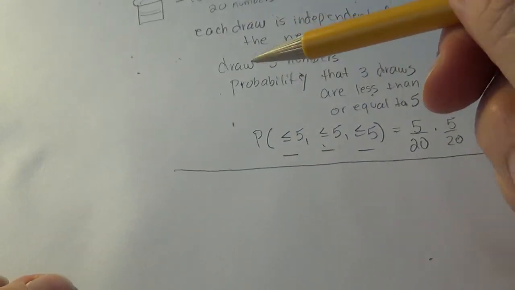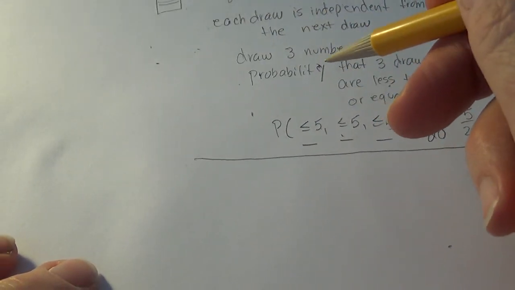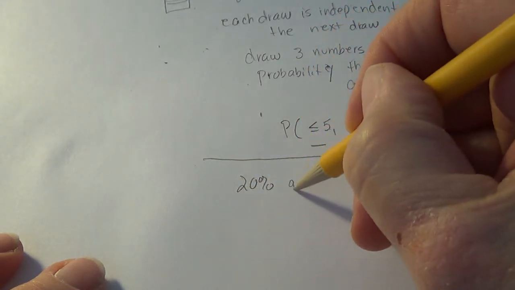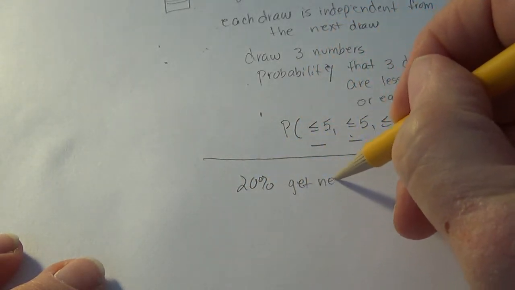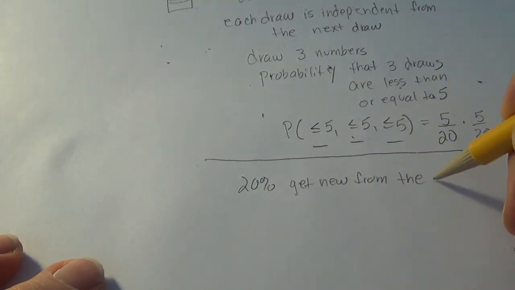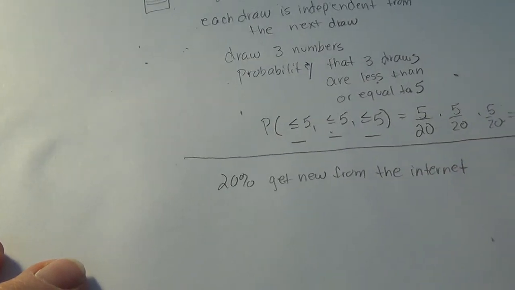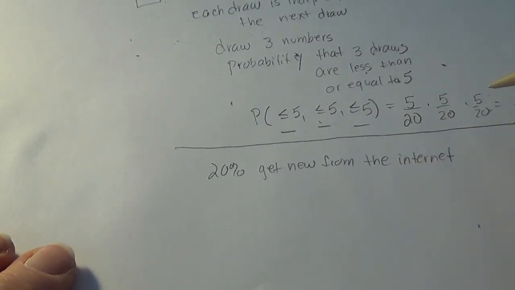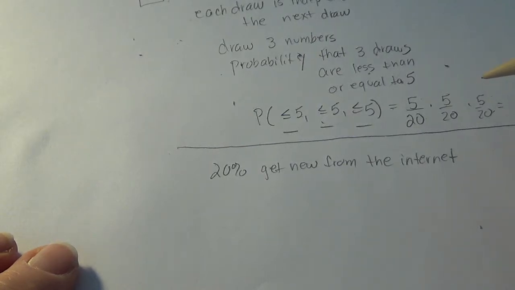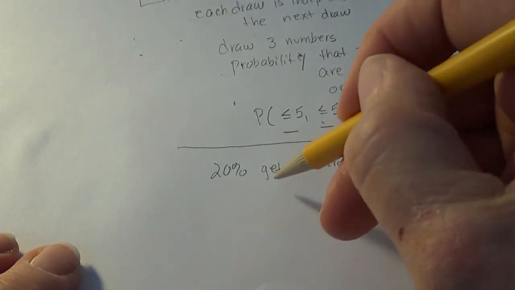Say 20% of the people in the U.S. get their news from the internet. With that in mind, let's choose 10 people from the U.S. at random.